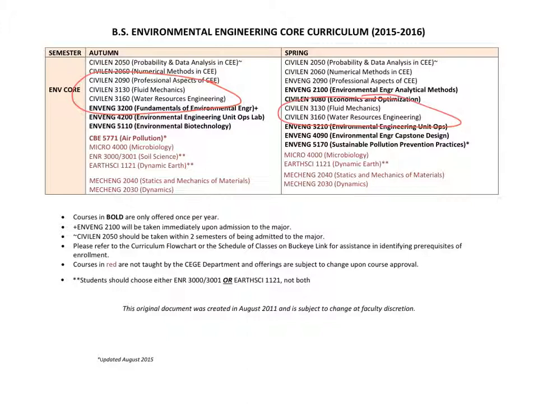There are a number of courses, not just on this list, but on the technical elective list, that require either fluid mechanics or water resources engineering. So it's really important that you complete those as soon as you can. We've run into a problem in the past where students have waited until their last semester to take water resources, and that really makes it difficult for students to be able to complete our program.